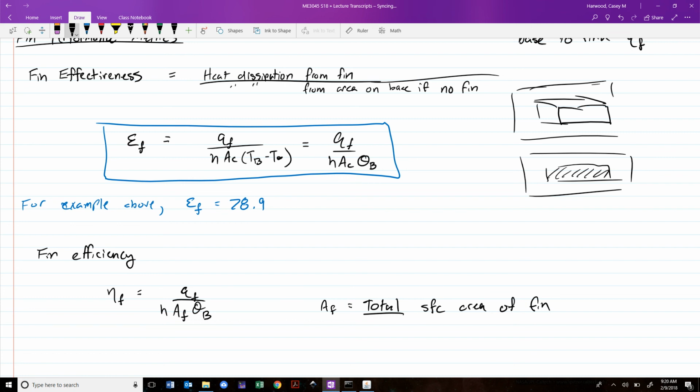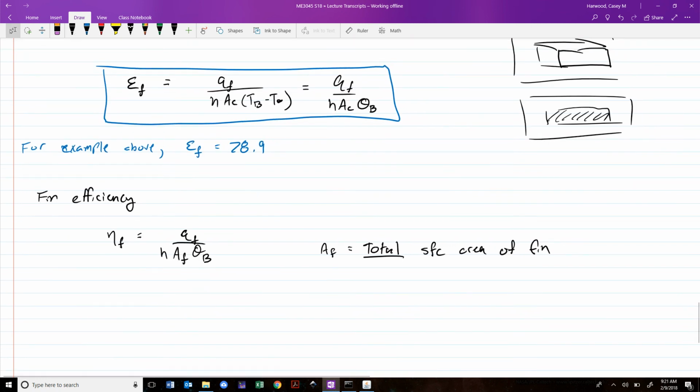What this is saying is, if the entire fin had uniform temperature equal to the base, if it were infinitely conductive, the perfect conductor, then how much heat transfer could it shed? And so in this case, once again, we're dealing with 40 divided by 51 times.